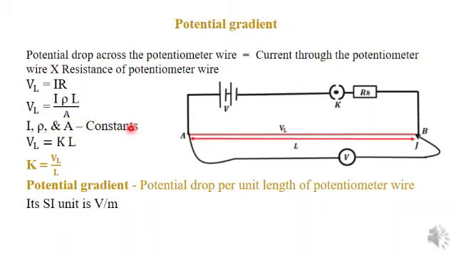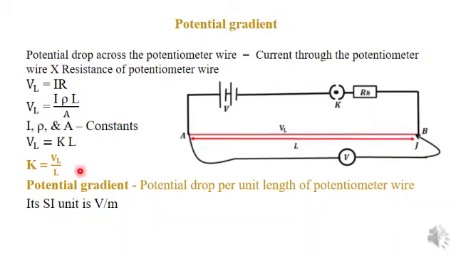Since I, rho and A are all constant, they can be replaced by another constant K. Then the expression becomes VL equals K into L, or K equals VL divided by L. Here VL is the potential drop in the entire wire and L is the entire length of the potentiometer wire.